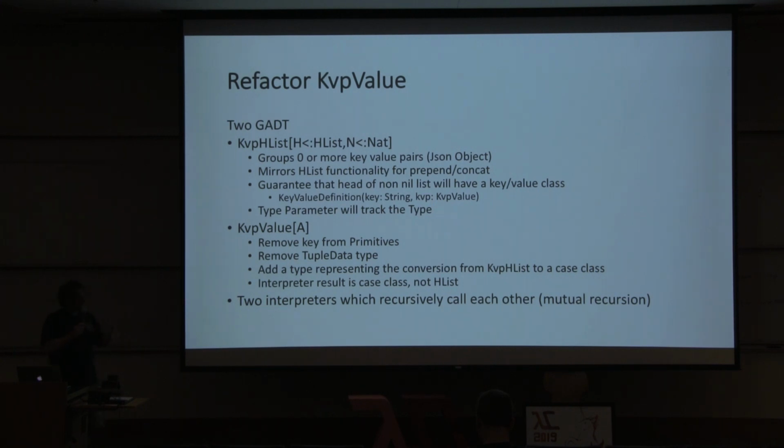So we're going to refactor our KBV value, and I'm not going to show you any code. I'm just going to generally tell you the improvements for this. We actually break our base class into two separate algebras. This is a little bit different than how Schema Z did this.